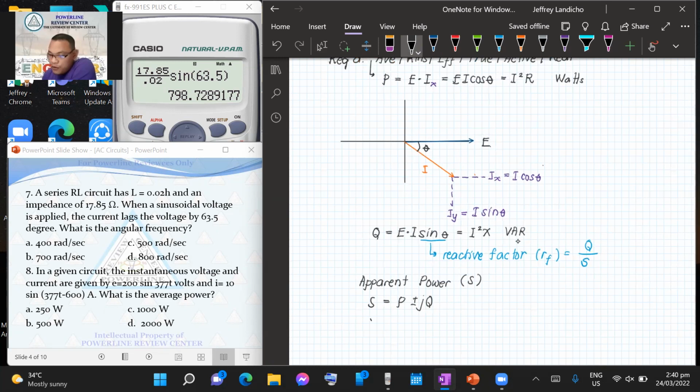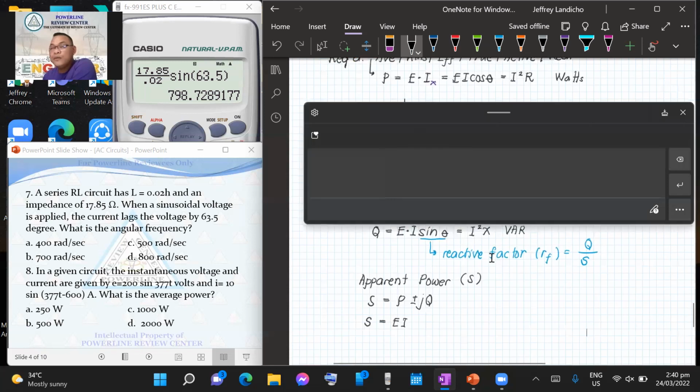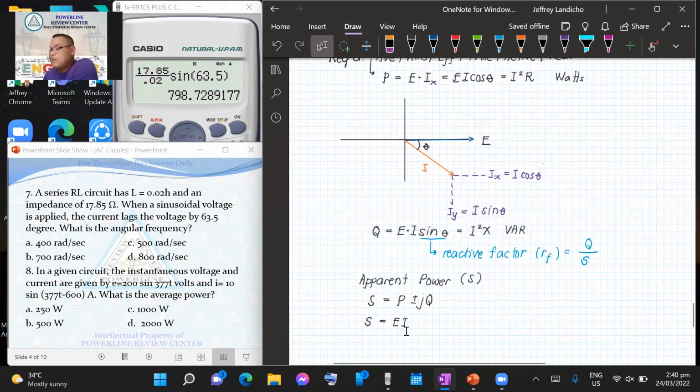So you may compute directly the apparent power, that is the voltage multiplied by what? Current. We call it complex power because you have to multiply the complex form of your voltage and current. Most of the time, we use what we call the current conjugate. What does current conjugate mean? If the angle of your current is negative, when you conjugate it, it becomes positive.